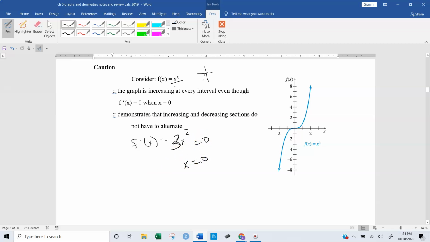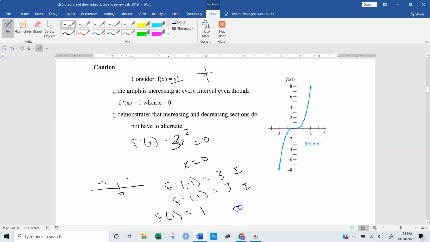All right, we know that that is good. Now we got to check something on each side. So we're looking at 0, so let's check negative 1 and 1. When we do f prime of negative 1, okay, that's going to give us 3. And when we do f prime of positive 1, we are also going to get 3. So it is increasing on both sections of the graph. All right, but now when we do go back to your original, f of 1, so you're back here, you get 1.